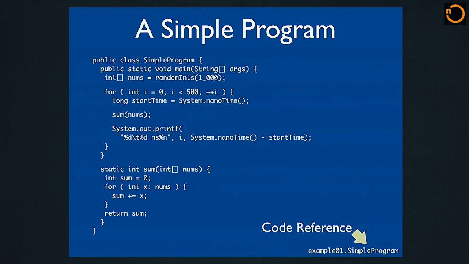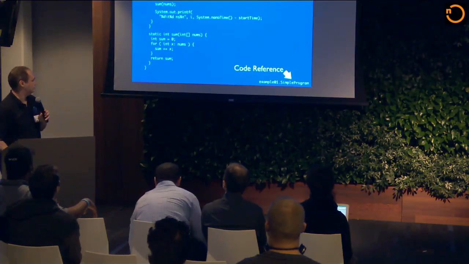I'm going to do a crappy way of benchmarking it by having a for loop from I equals 0 to 500. I'm going to take the nanotime inside, and I'm going to sum up the values. This benchmark could easily go south, but it's enough to illustrate the point.